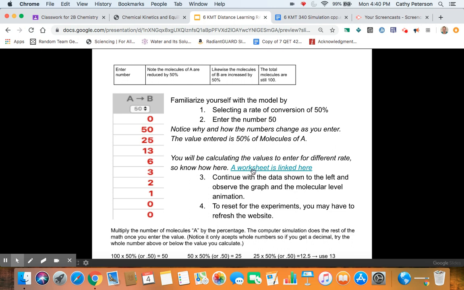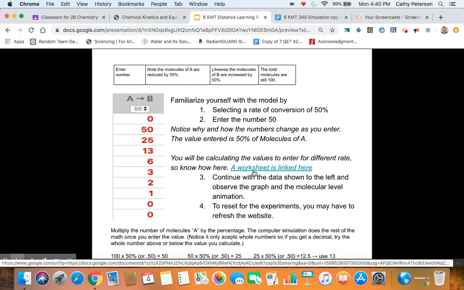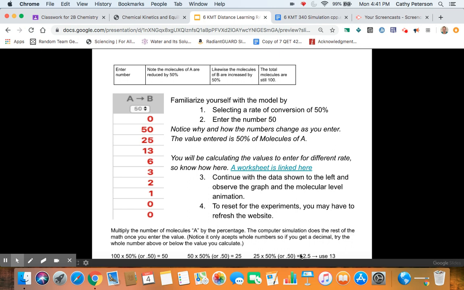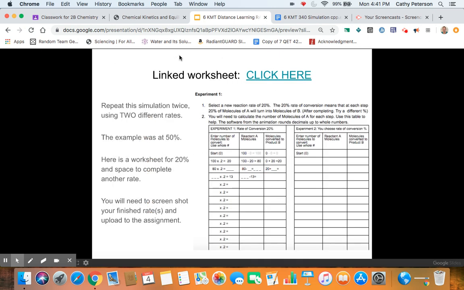And you'll notice it says a worksheet is linked right here. Again, if you're having trouble with the calculations, check down here. But also on that linked worksheet, I have set up some of the calculations for the rate of conversion of 20%. So you can use this to guide yourself as you need to.